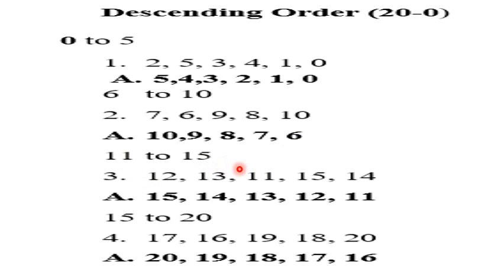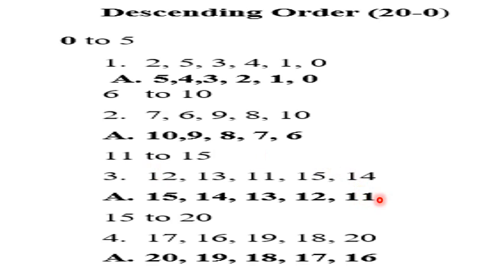Next, 11 to 15. Answer should be 15 to 11. How is it possible? Just see. 12, 13, 11, 15, 14. Which is the biggest number? 15. Next, 14. Next, 13. Next, 12.